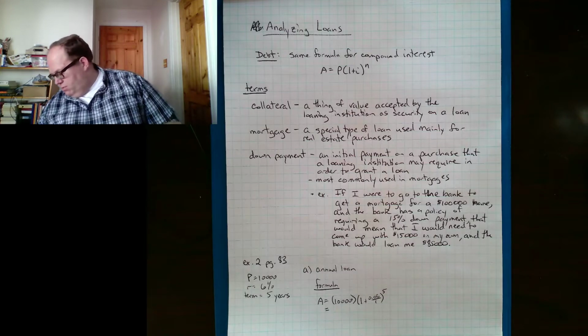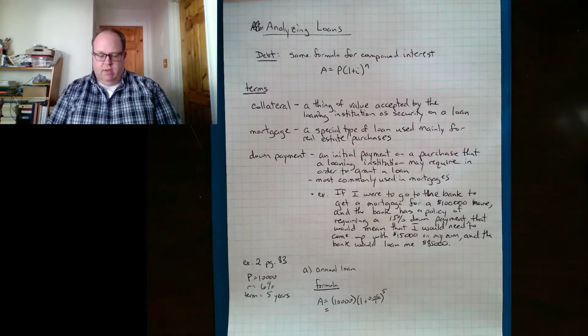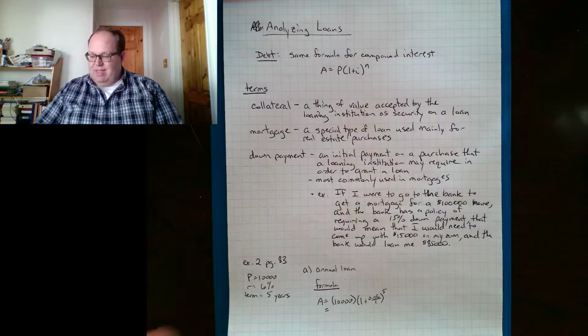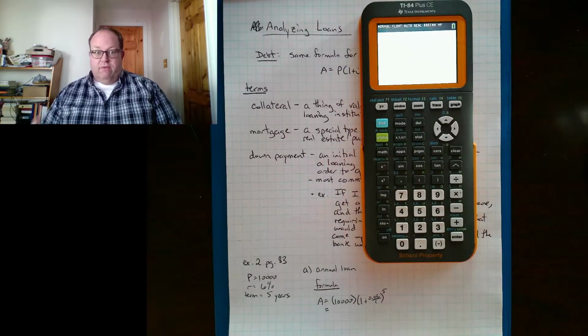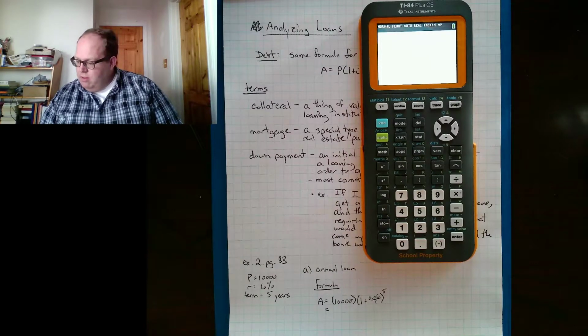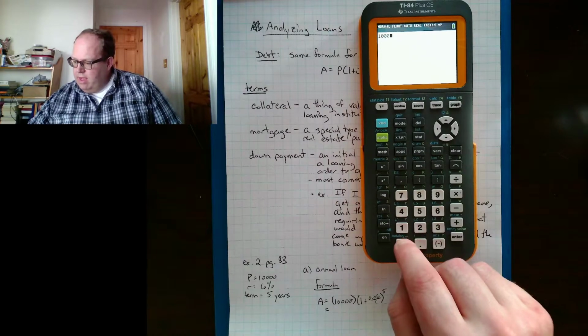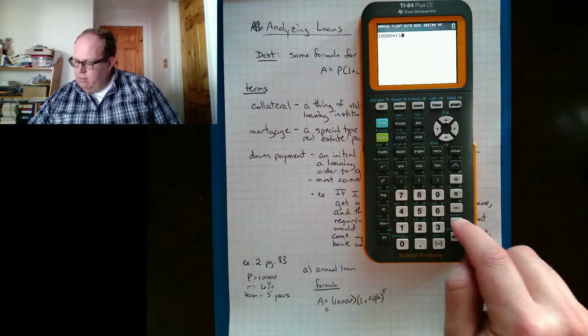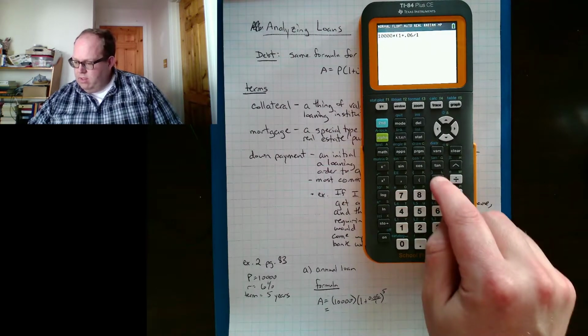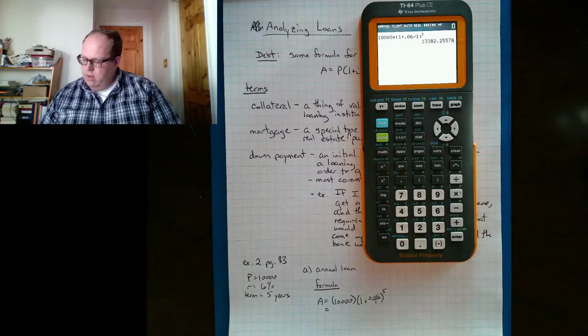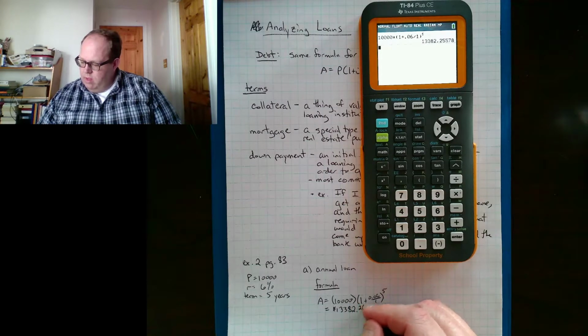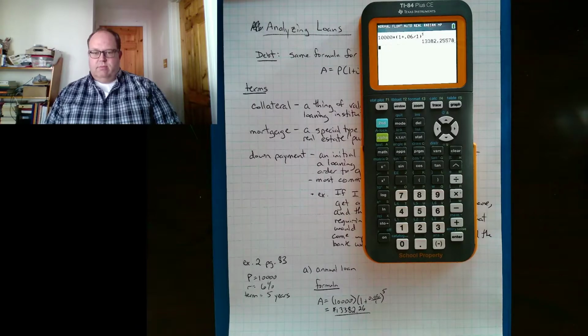Working that out, and you'll notice again the math is exactly the same as if we were using this to figure out an investment value, the future value of an investment. 10,000 times 1 plus 0.06 over 1, not that I really need that, to the 5th power. Trina will owe $13,382.26.